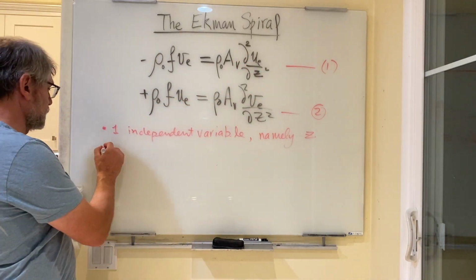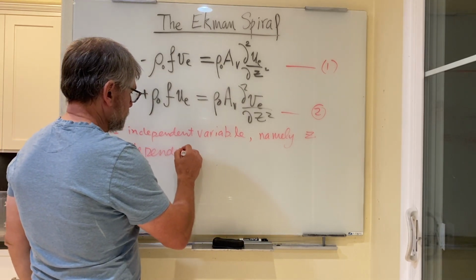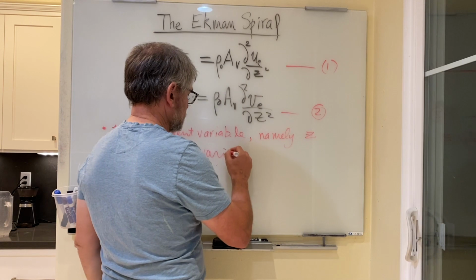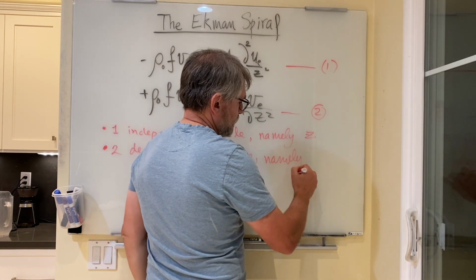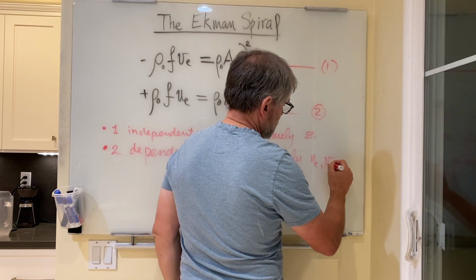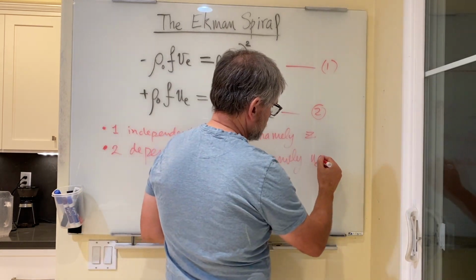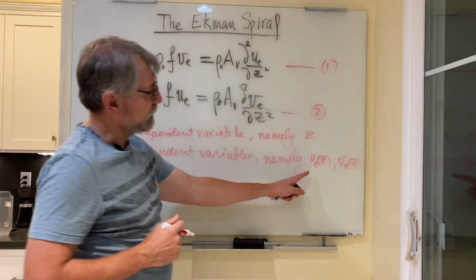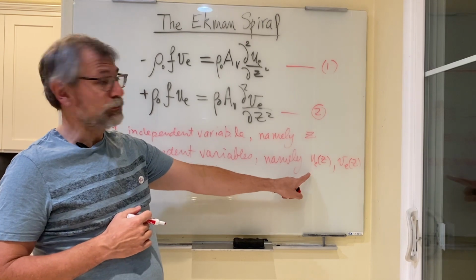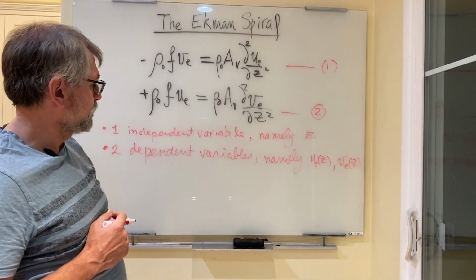So two dependent variables, namely u sub e and v sub e. These are functions of z, and the goal is to try to find these solutions. What is the functional form of u as a function of z, which is the depth?